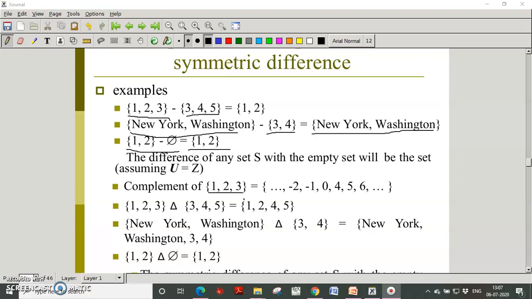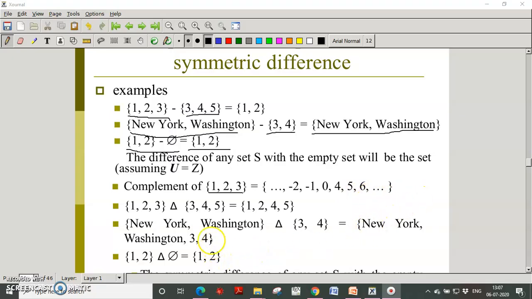The complement of this set contains all the elements of the universal set except the elements present in the set A. Suppose A equals this. This is the complement of the set A: starting from minus infinity, minus 2, minus 1, 0, but not including 1, 2, 3, and also including 4, 5, 6 up to infinity.